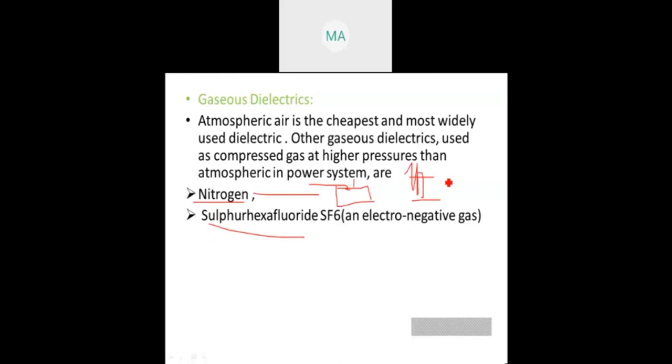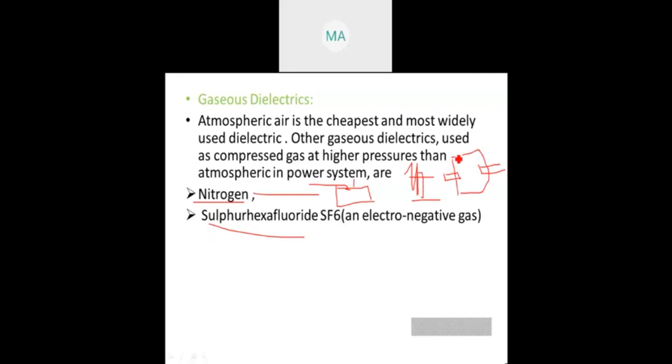Similarly in a transmission line, if a fault occurs and we want to isolate the healthy section from the fault section, we use the isolator. For higher voltage levels we use the circuit breaker, like the MCB, the miniature circuit breaker.